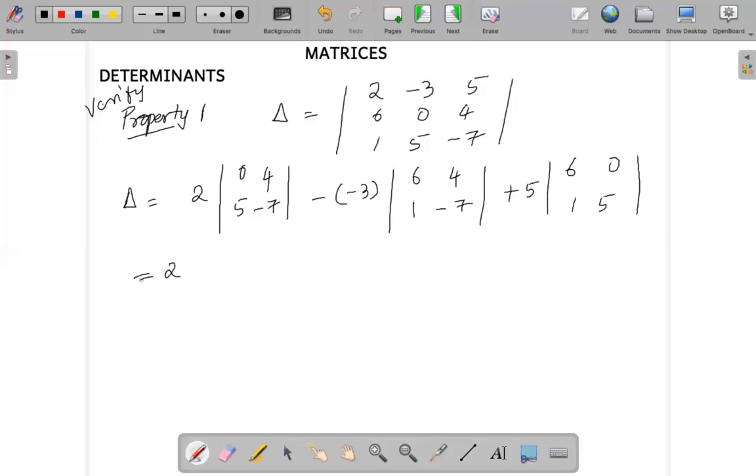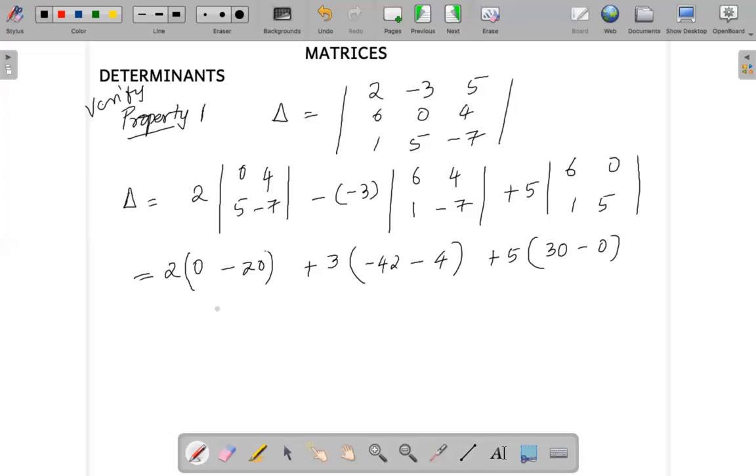This is 2. So 0 multiplied into minus 7 gives 0. And this is minus 20. And this is plus 3 multiplied into this, which will be 6 sevens are 42, minus 42. See the sign, and this is minus 4. And this is 5, and this is 30 minus 0.